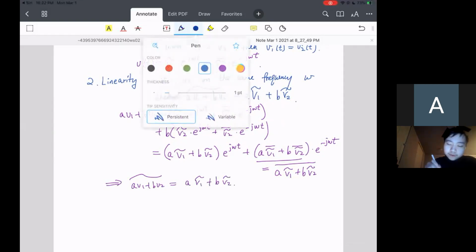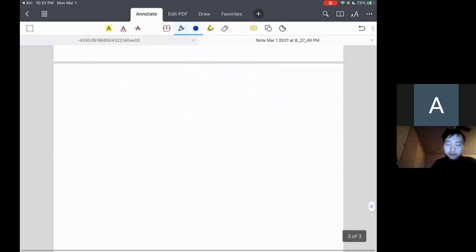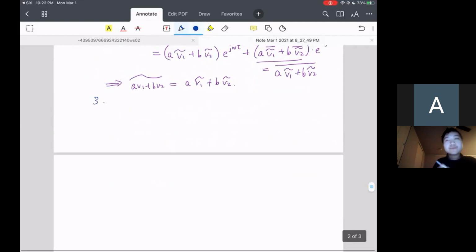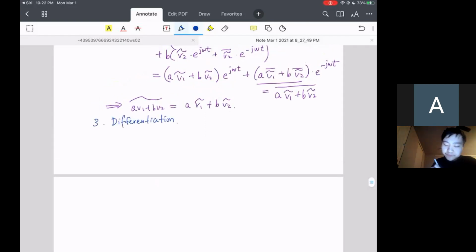All right. So the third property that we're interested in is how do we take differentiation? How do we take the derivatives in phasor representation? So when we differentiate a variable, let's say that V is an input on some frequency omega.